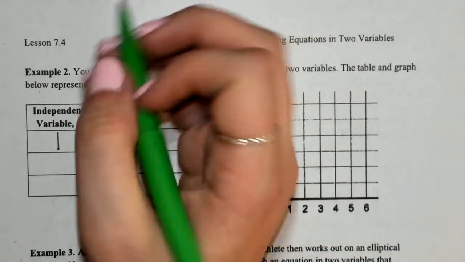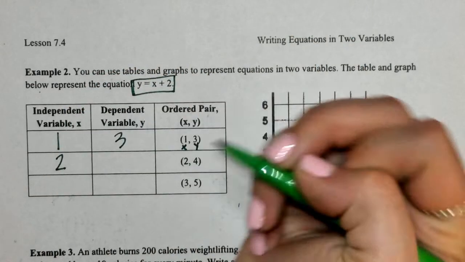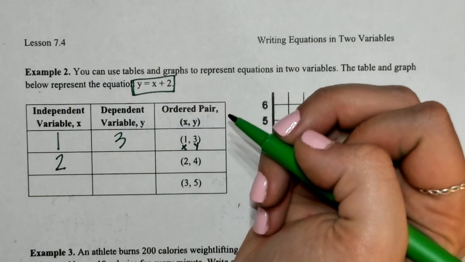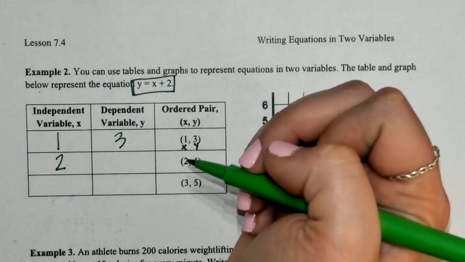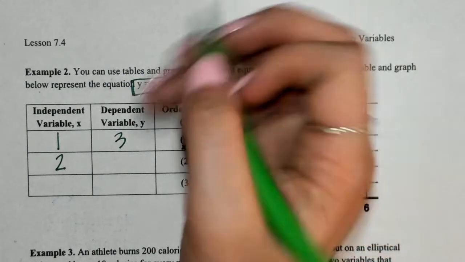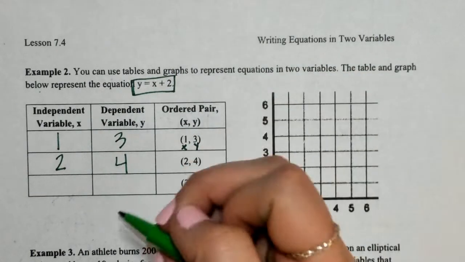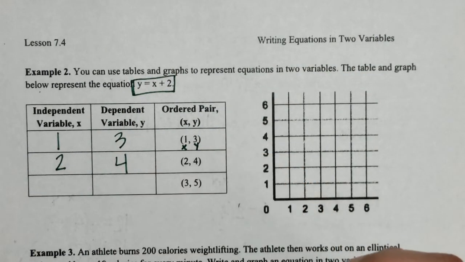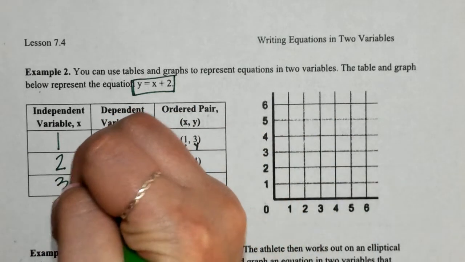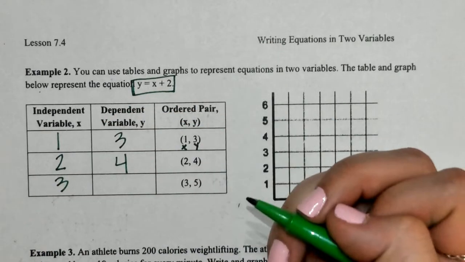Mari? 2. And what about the next one? Kaden, what's my dependent variable? Yes, 4. Okay, Kaden, what's the independent variable on this one? 3. Okay, Aries, what's my last one? 5.